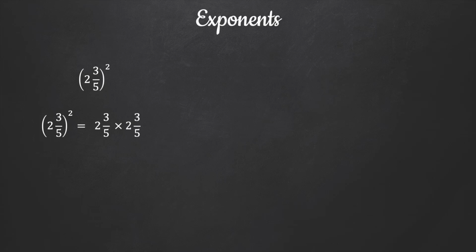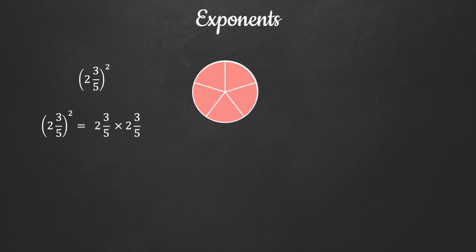Now here we're talking about fifths, and remember that in order to make 1 whole, we need 5 parts shaded out of 5 equal parts, meaning that 1 whole is equal to 5 out of 5. Now, in our example, we have 2 wholes.